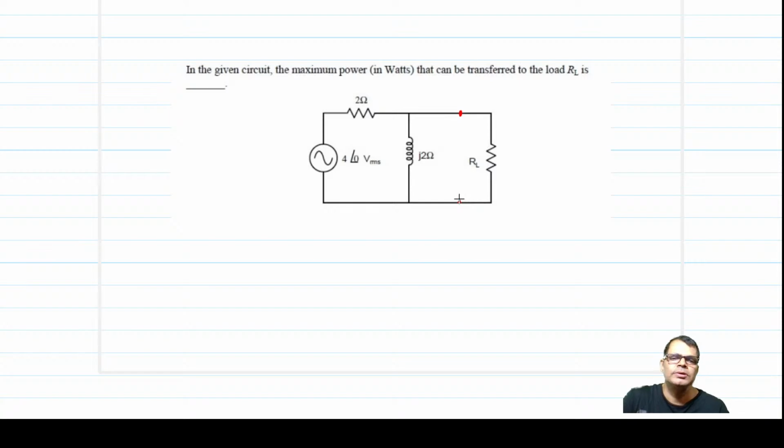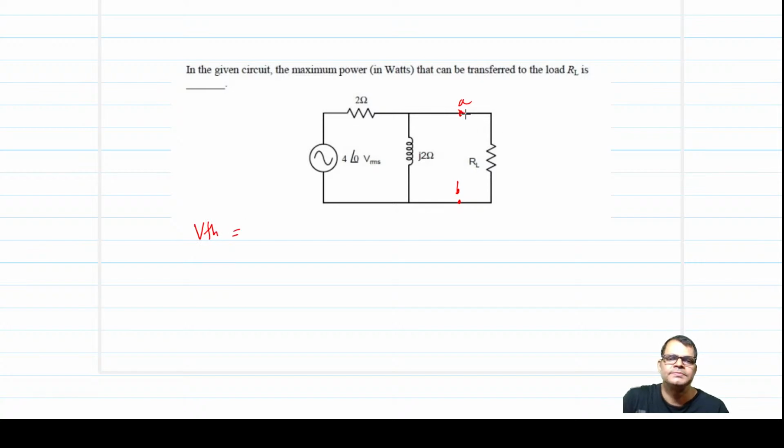So you know what should be the RL. First you need to find the Thevenin equivalent. Let's say this is A and B, you need to Thevenize it.